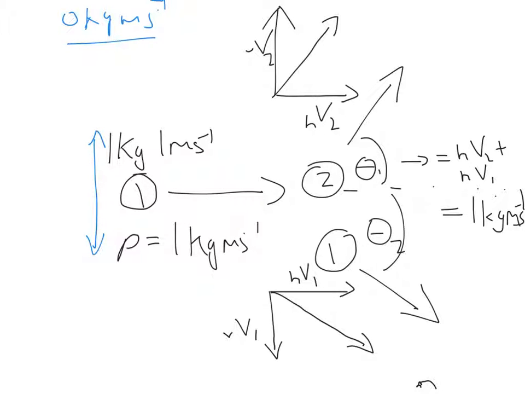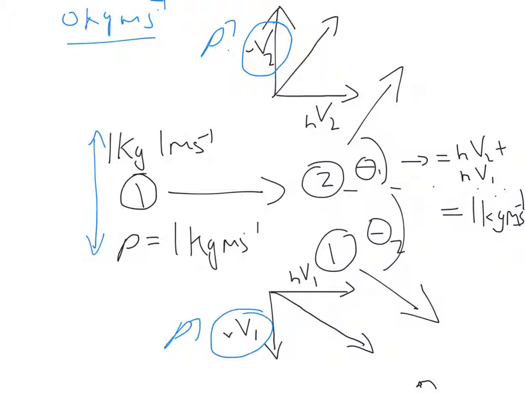Okay, so how can that work? Well, the only way that would work is if this value and this value, when used to work out the respective momentums, are equal and opposite. You might be saying, well, how can that be?